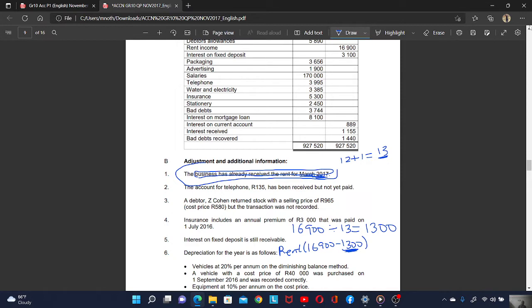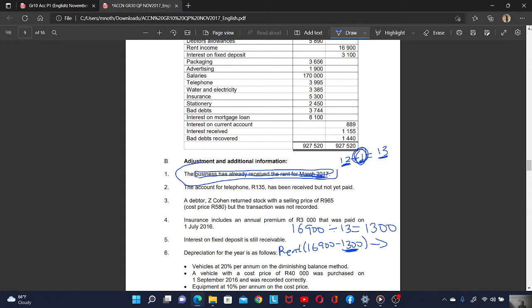Remember, a financial year must only have 12 months. So here we have the rent for 13 months, so we must subtract the rent for the advance month, which is only March. So it's 1,300, and then you write the total in the income statement.